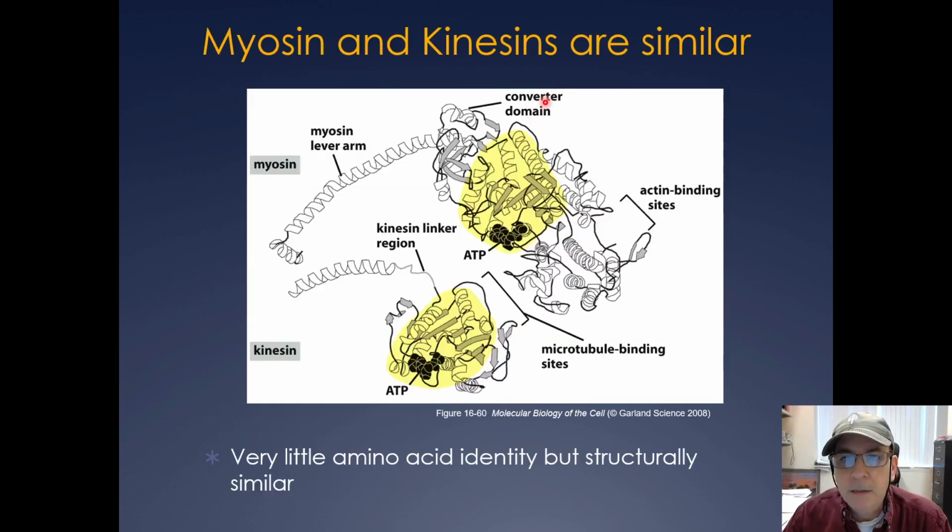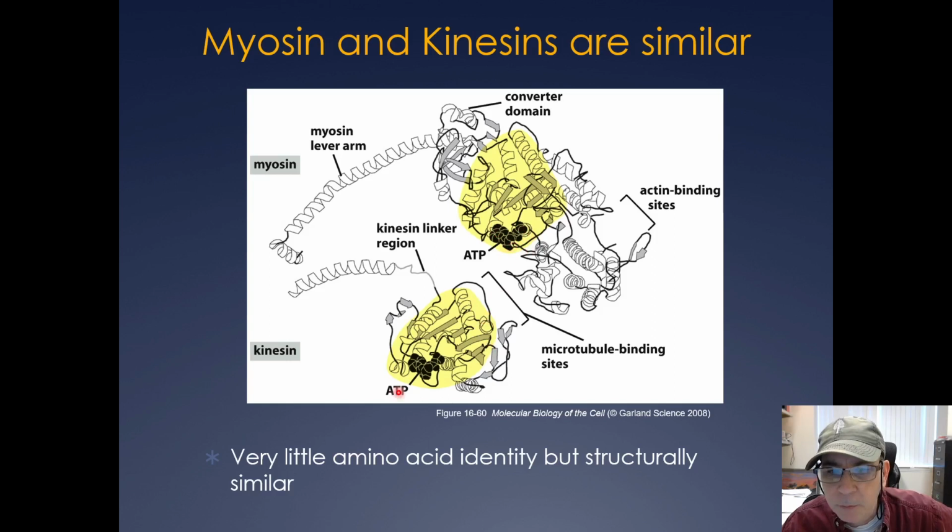Now it turns out that myosin and kinesins both use ATP, and they hydrolyze ATP to get some of their movement. And we'll look at the power strokes of these two motors in just a second. But what you guys just need to appreciate here is there's some structural conservation between these two motor proteins. And here's the ATP binding domain in myosin and in kinesin, and I'll leave it up to you guys to look this over and see some of the structural similarities.